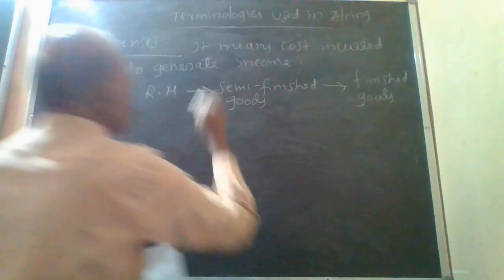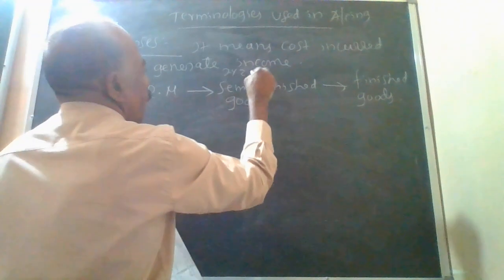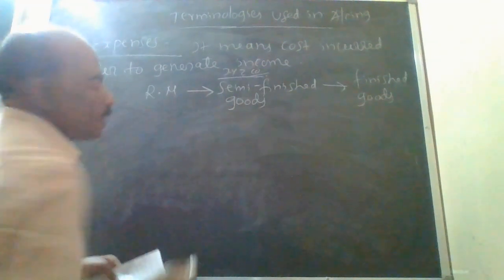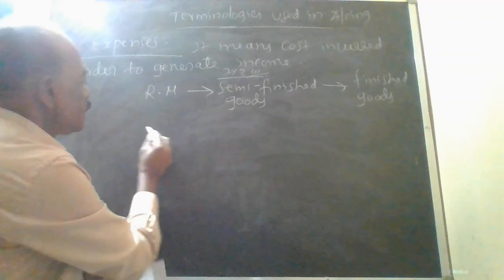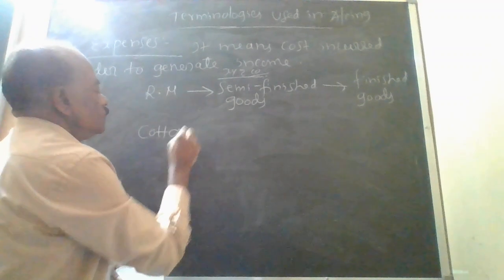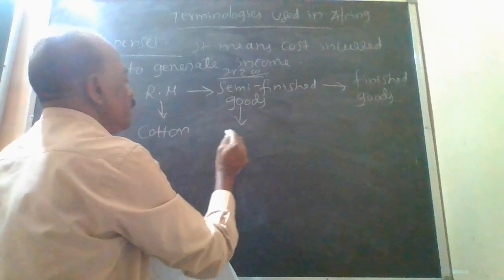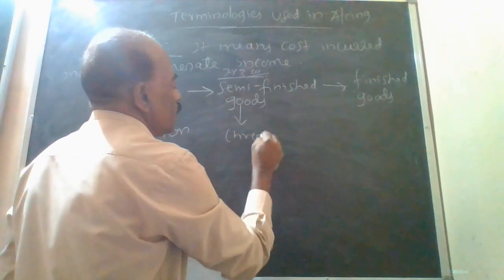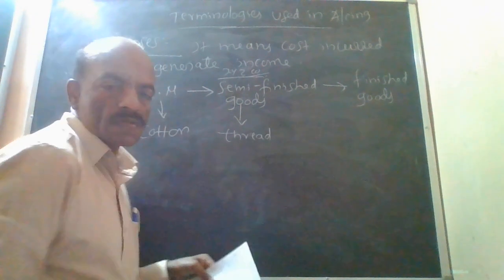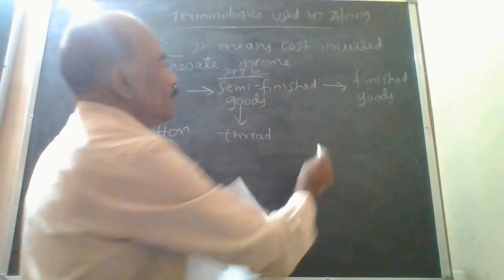For example, ours is an XYZ company manufacturing cloth. In order to manufacture cloth, cotton is the raw material. They will convert the cotton into thread, that is called semi-finished goods or partly finished goods.